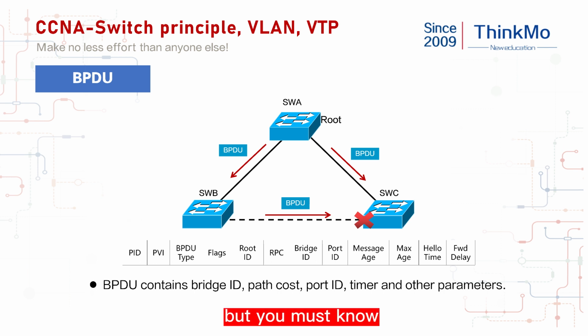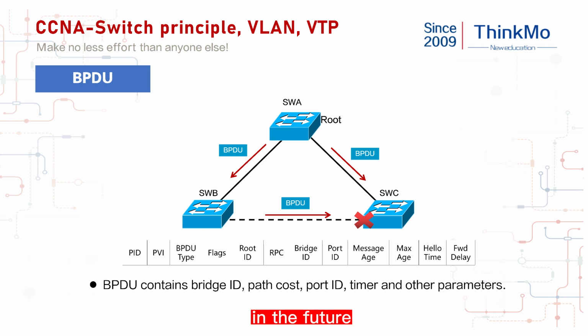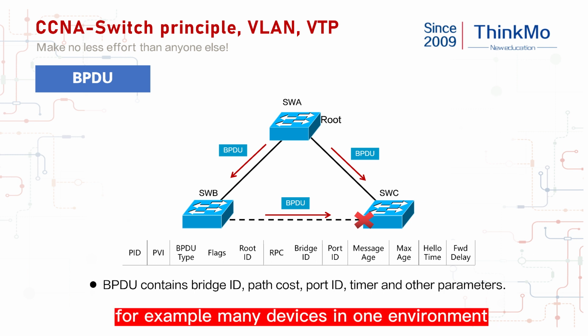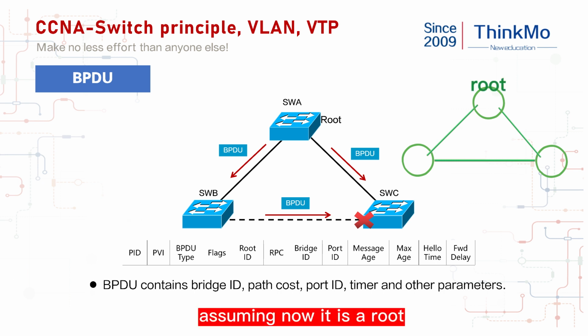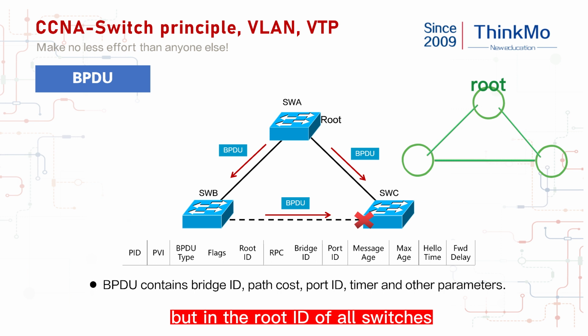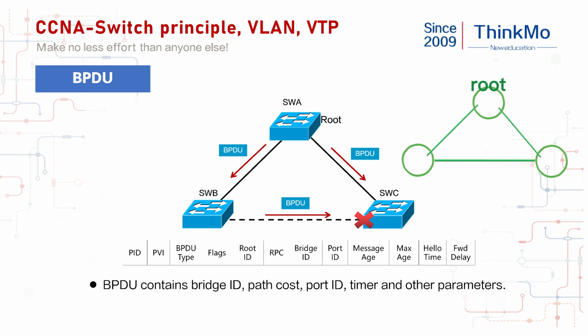But you must know, BPDU messages will be sent between devices in the future. For example, many devices in one environment. This is a switch, not a router. They both send BPDUs. Assuming now it is a root, in the root ID of all switches, the device thinks that the root would be filled in. For example, now the root is device 1.